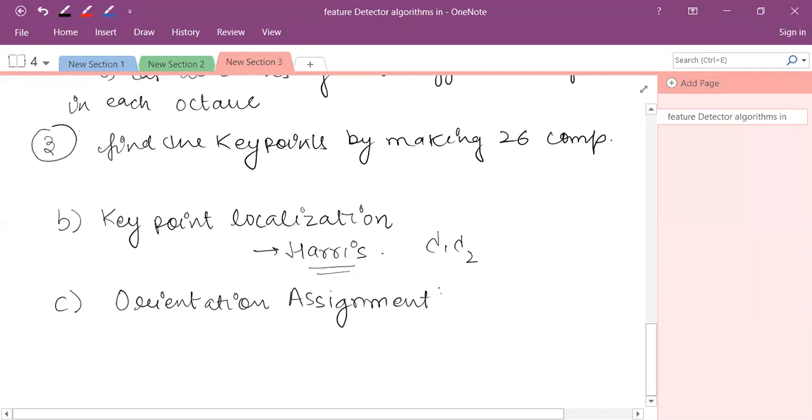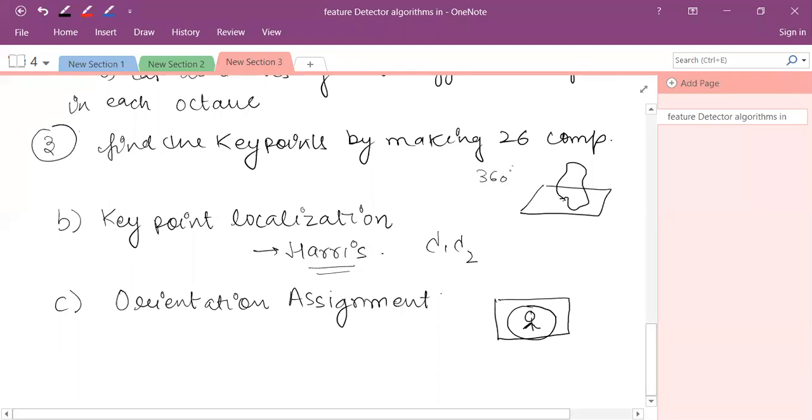So in the orientation assignment, what will we do? There is an image and there is a person. Now I have to identify the orientation of this person. Like in augmented reality, you can see that above the object wherever the image is situated, that image can be visualized by the 360-degree angle.